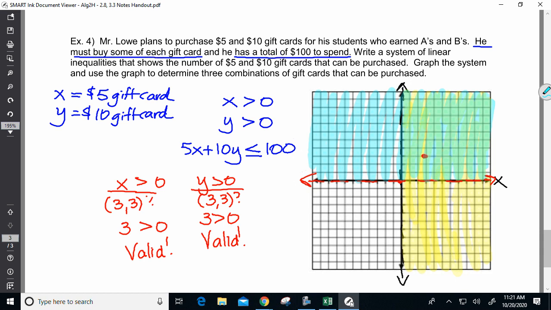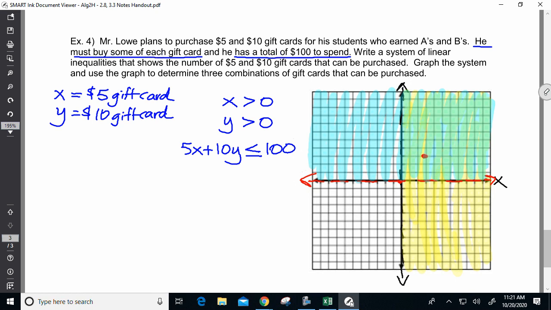5x plus 10y is less than or equal to 100. So if we put it in slope-intercept form, that's 10y less than or equal to negative 5x plus 100.